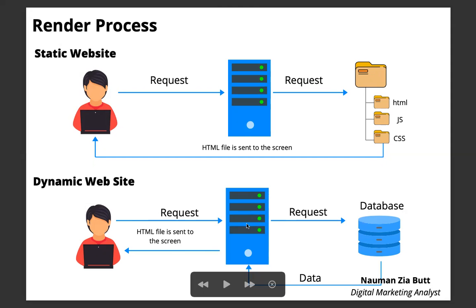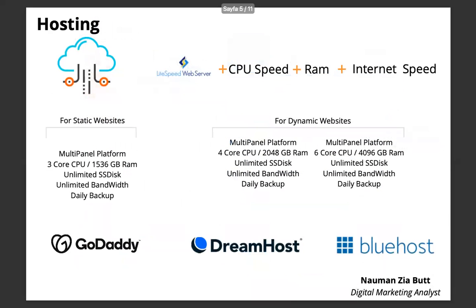You see there's a very big journey in the process here. So that's why dynamic websites need to be optimized in terms of speed. So how can we improve it?